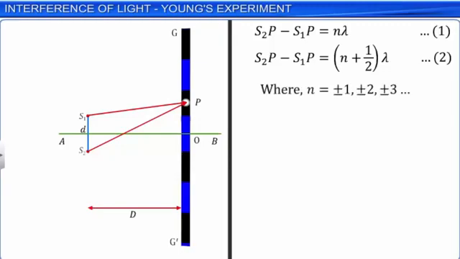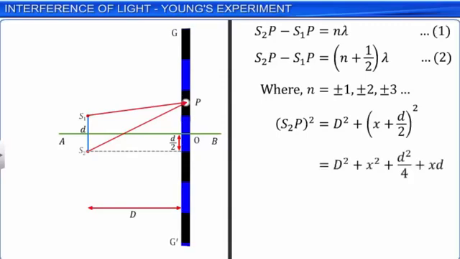From the diagram, we can write that S2P square is equal to D square plus x plus d by 2 whole square. This is equal to D square plus x square plus d square by 4 plus xd.